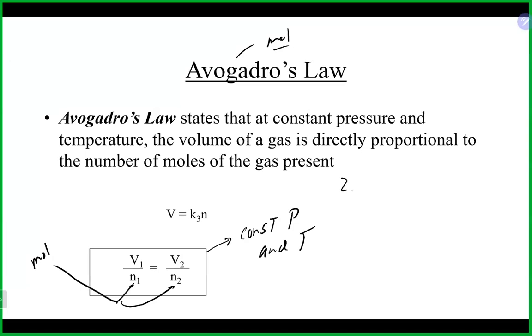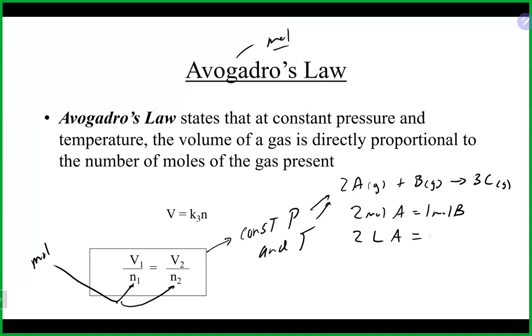So if you had this plus this goes to this, under constant pressure and temperature conditions, we could do a mole to mole relationship, like 2 moles of A is 1 mole of B, and you could actually do a volume to volume relationship between those things. You could say 2 liters of A would equal 1 liter of B.